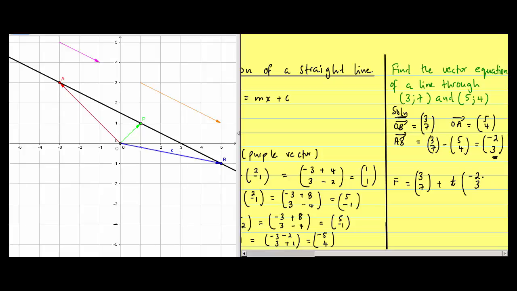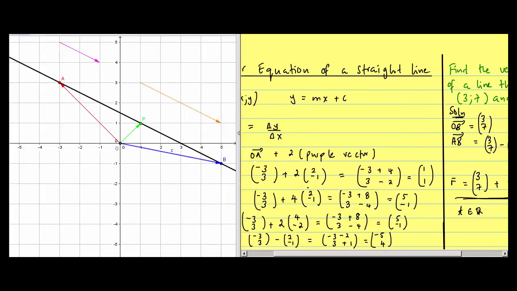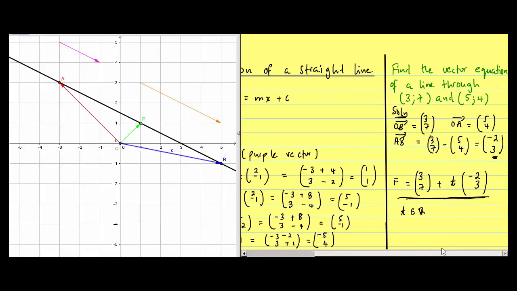So this here is going to be the vector equation of my straight line. Please take note, t is a real number, and we saw in this example here that it can be a real number like 2 or 4. Alright, so this is how we find the vector equation of a straight line.